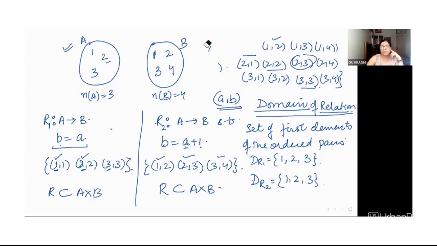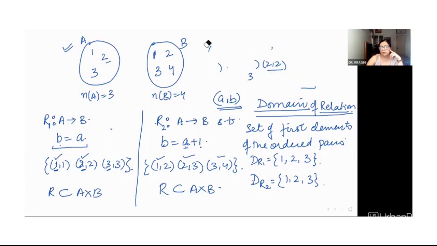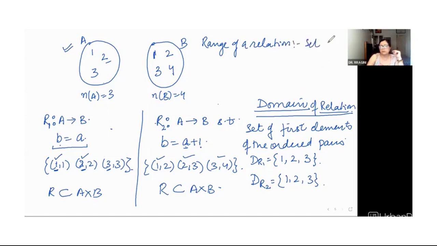Now, what is the range? Range of a relation. That means the set of the second elements of the relation.